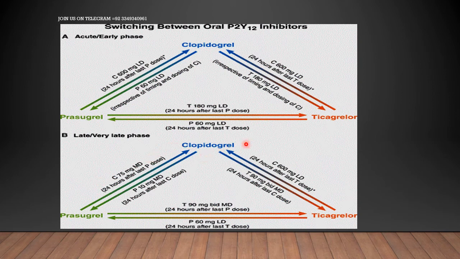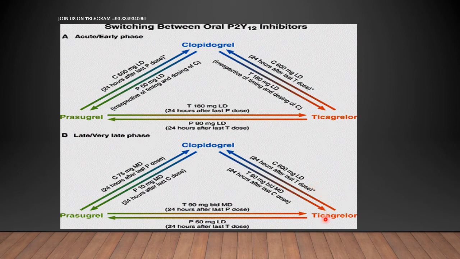If you have to escalate from clopidogrel to ticagrelor, you have to give ticagrelor 90 mg BID maintenance dose 24 hours after the last clopidogrel dose. And if you have to de-escalate from ticagrelor to clopidogrel, give clopidogrel 600 mg loading dose 24 hours after the last ticagrelor dose.